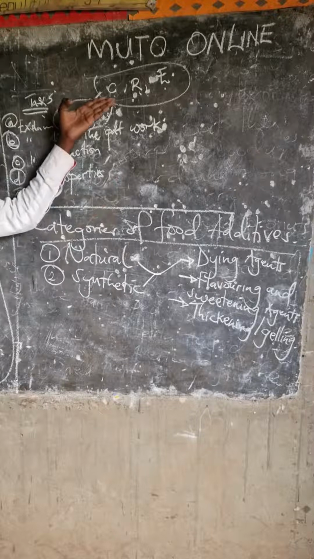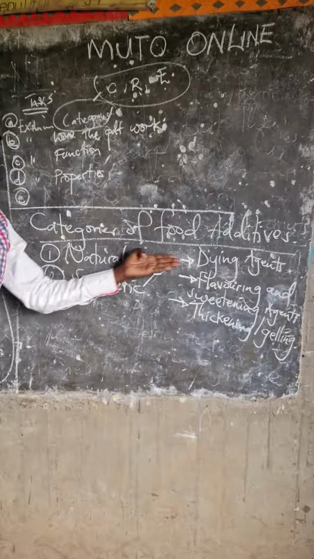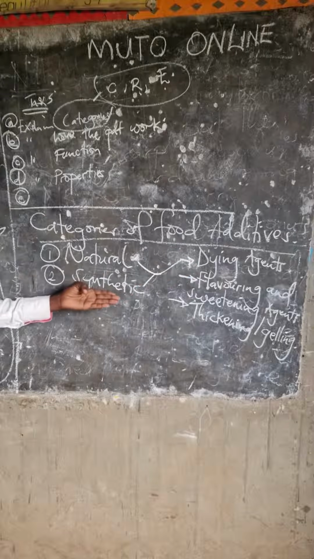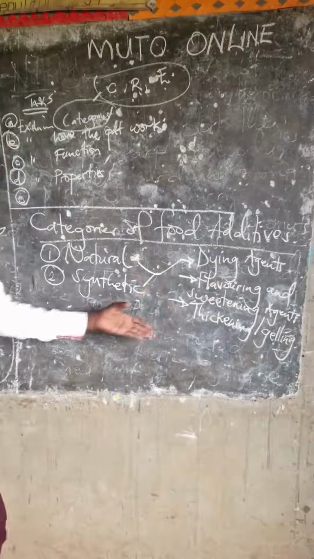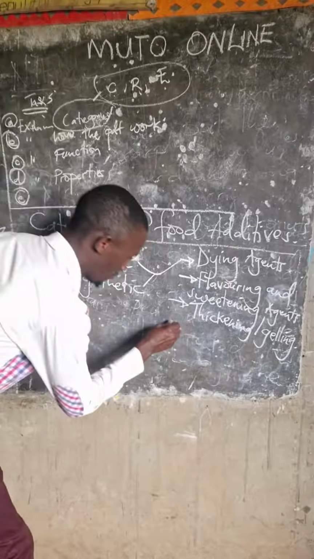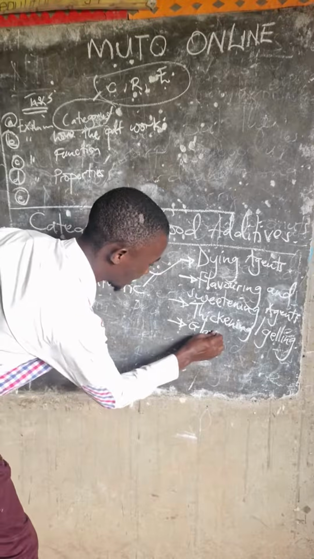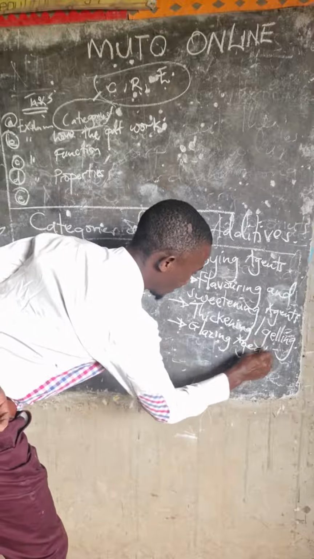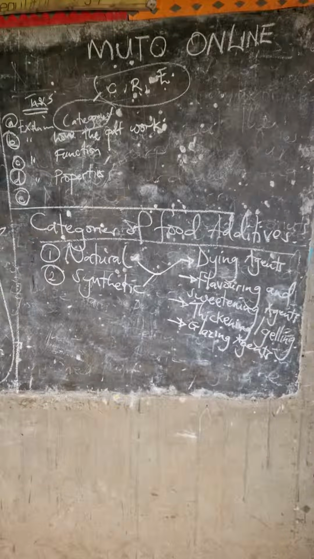As you give the categories, you start with these ones: natural or synthetic dyeing agents, natural or synthetic flavoring agents. We shall see the reasons why they are called so. They may be glazing agents. We are giving the groups of food additives that are commonly used.